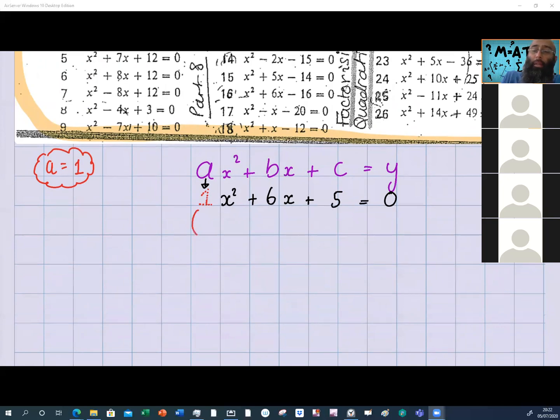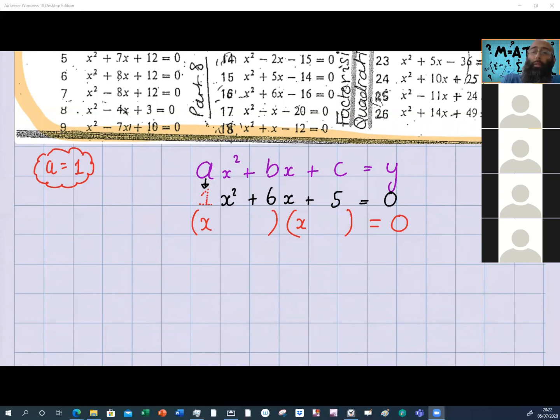Okay, so we're going to have double brackets, and we're going to have an x in both of the brackets. So now here's the part that you need to learn. We are looking for 2 numbers that multiply to give you the last number and add to give you the middle number.